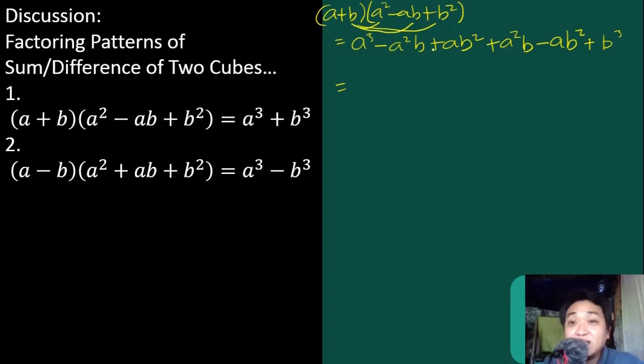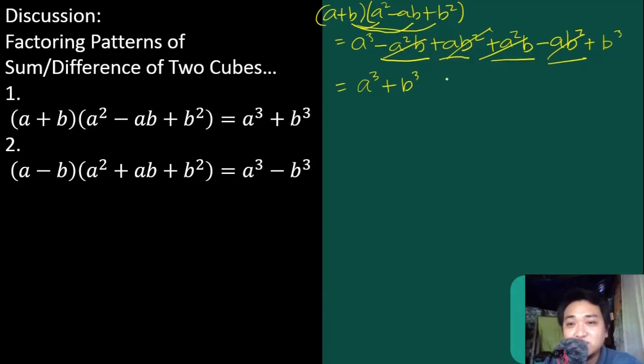Sige. Ngayon, silipin natin kung may mga pare-pareho siyang term, or yung may maka-cancel ba tayo. Negative A squared B and positive A squared B, we'll just cancel this out because it is 0. Positive AB squared and negative AB squared, again, they are 0, so we'll just cancel it out. Ang matitira na lang is A cubed plus B cubed.